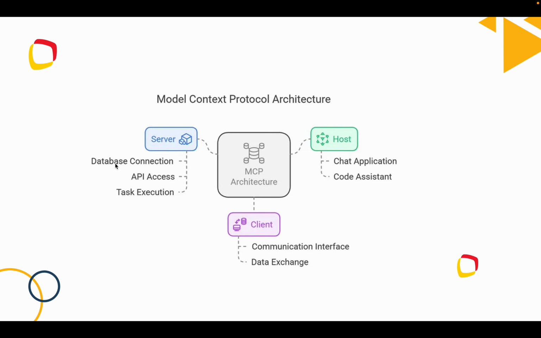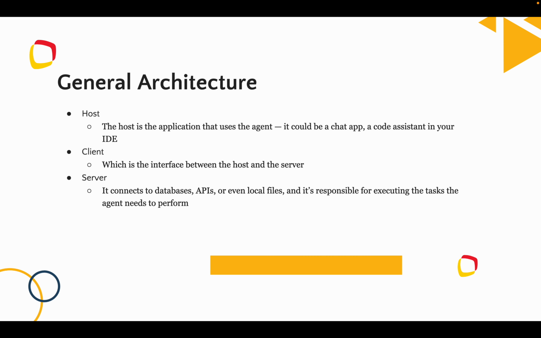It may be a database connection, API access, or task execution. So the server is the extension of the tool. The chat application will be able to communicate with the server, which in a general way we can say is the tools, right?